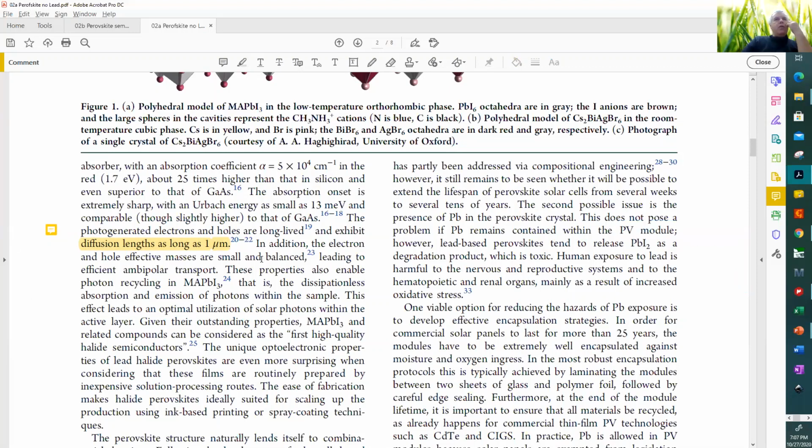And the electron and hole effective masses are small and balanced. So just a word about that. The mass of an electron in a material and the apparent mass of the hole are not as light as they are in free space, like in a vacuum.